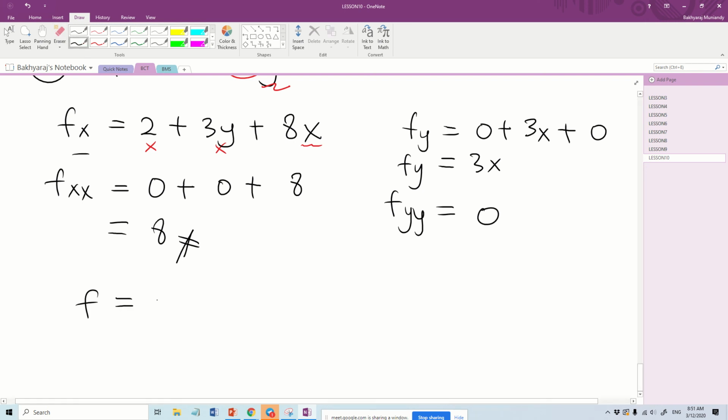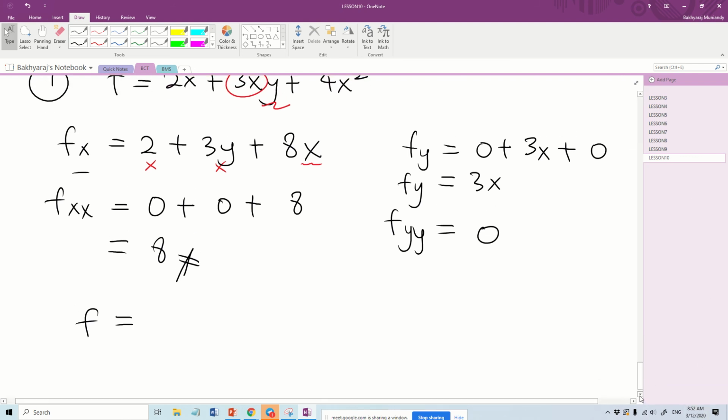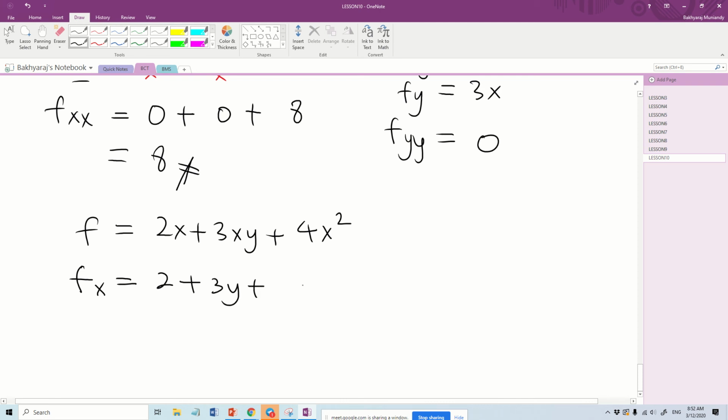Function f, I can copy back the function. So f is 2x plus 3xy plus 4x squared. So function fx will be 2 plus 3y plus 8x.